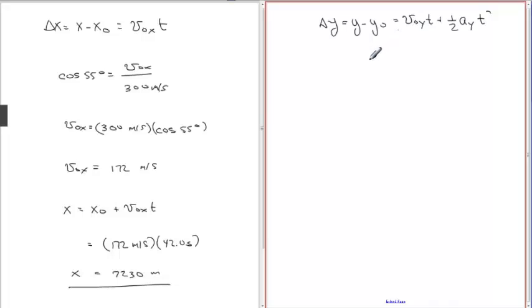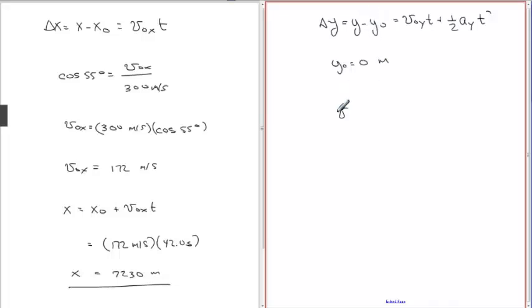When we're given time, we just plug directly into this equation. It's just the easiest way to get there. So remember, y0 is 0 meters, so we could let that drop out.